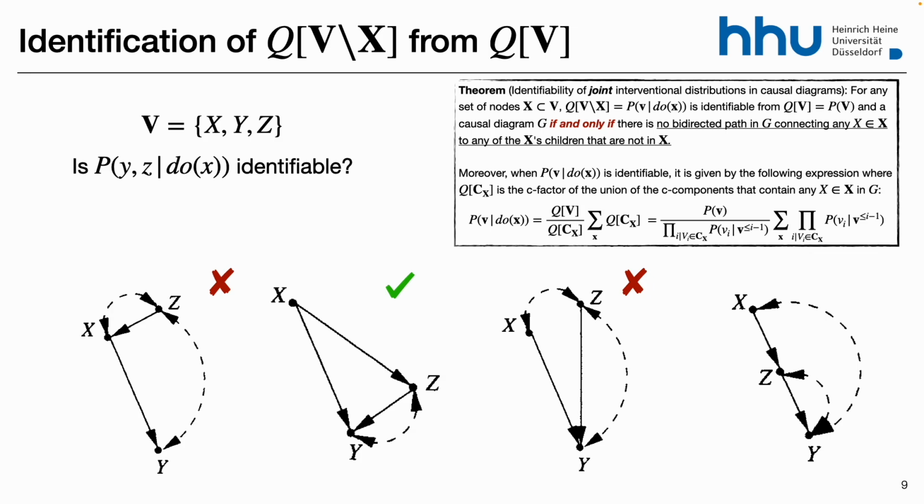Does it apply only to children or generally descendants? Only children. Here, if it was descendants, it would be automatically not identifiable because of this edge, but it's not. I ask you about children, and the only child is z. So if the bidirected edge from Z to Y wasn't there, it would be okay.